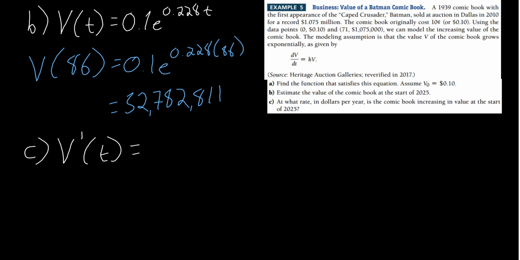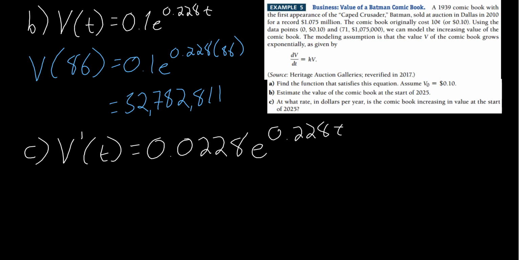What is 0.228 times 0.1? It is 0.0228. So 0.0228 times e to the 0.228t. So that is the first derivative.